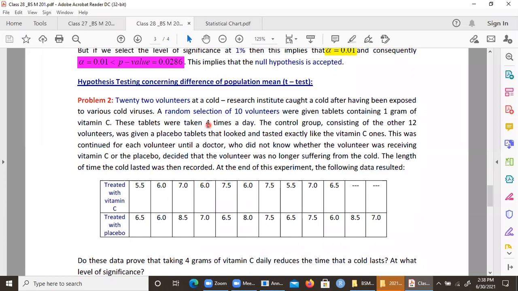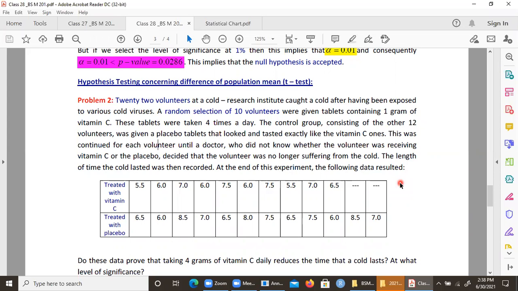Now you see, the main part of the problem is that 10 volunteers have been given the actual drug for the cold virus, and 12 volunteers have been given the placebo drug. These two groups of volunteers are independent. It is not like a paired sample t-test.